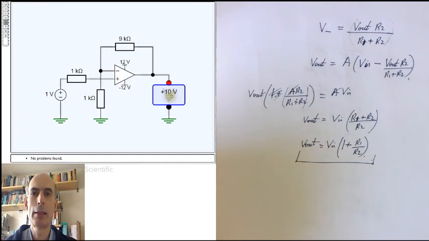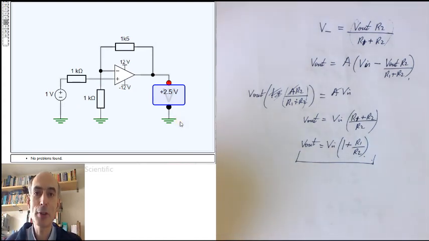If I wanted a gain of 2.5, then I would want the ratio of R1 to R2 to be 1.5, so that 1 plus this ratio is 2.5. I could do that by setting this resistor to a 1.5K. And then I get 2.5 times the output, and so on.